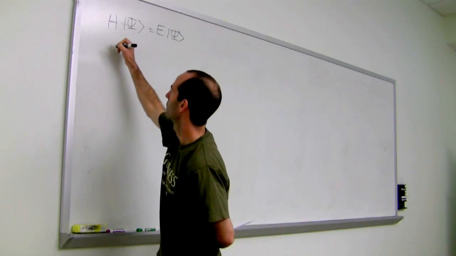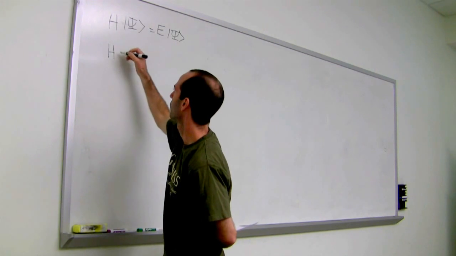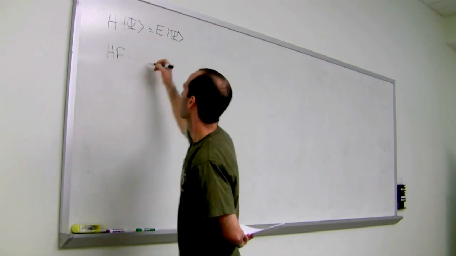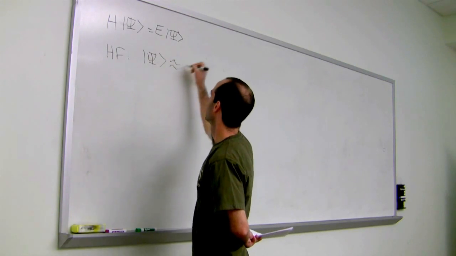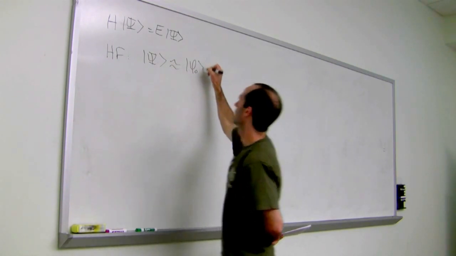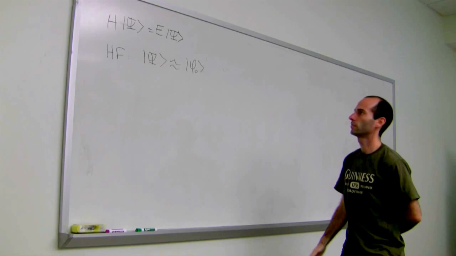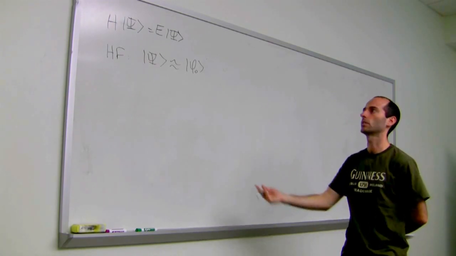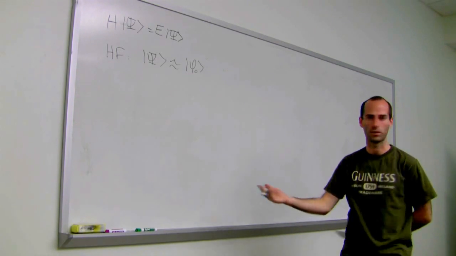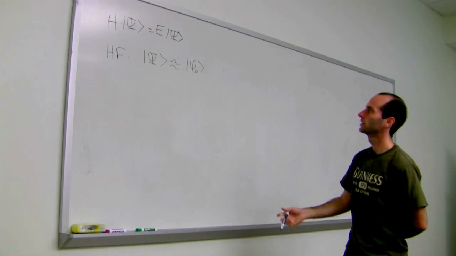The first approximation is SCF, or Hartree-Fock theory, where we say the wave function can be reasonably represented by just a single Slater determinant. So it's one electronic configuration. The equations are solvable. It gives you a decent answer, and it also gives you a good jumping off point for more exact methods.